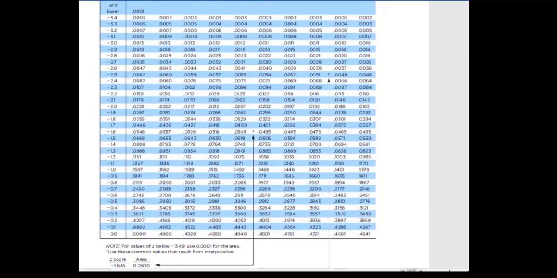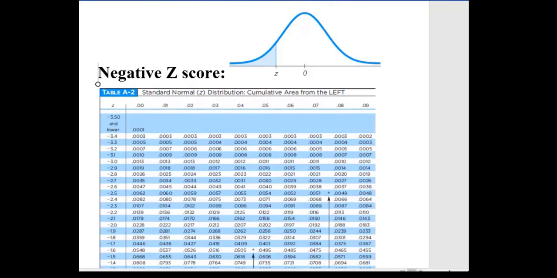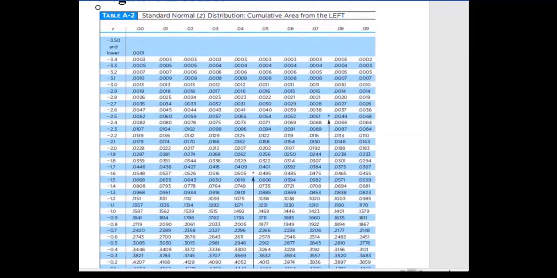If you look at the second asterisk, look at the top, it's between 0.07 and 0.08. Everybody can see 0.07 and 0.08. It's between the two. So if you look at this asterisk, negative 2.575, that gives you 0.0050 to the left. Now, those are negative z-scores.